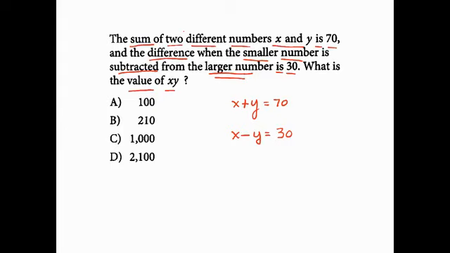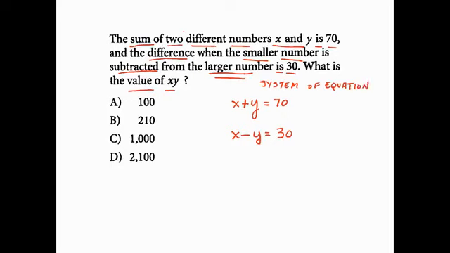Now, how do I do that given two different equations? Well, when you're given two linear equations here, and I need to solve for x or y, this, in fact, is what's called a system of equations. I have two different equations here, and I need to find where they intersect on a graph, but algebraically, it means what is the coordinate x and y that solves both of these equations.